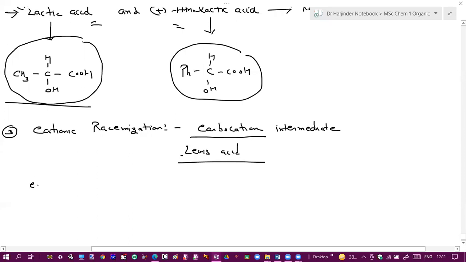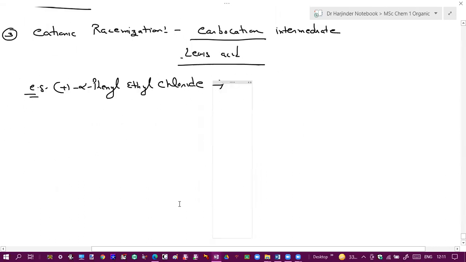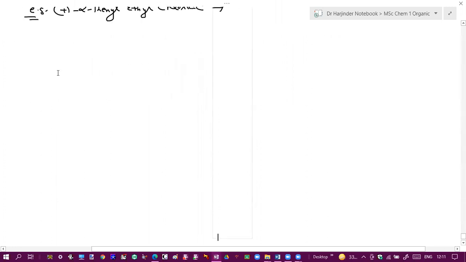So for example, let us take the same case of alpha phenyl ethyl chloride. Suppose this is, you can take either plus or minus, whatever.